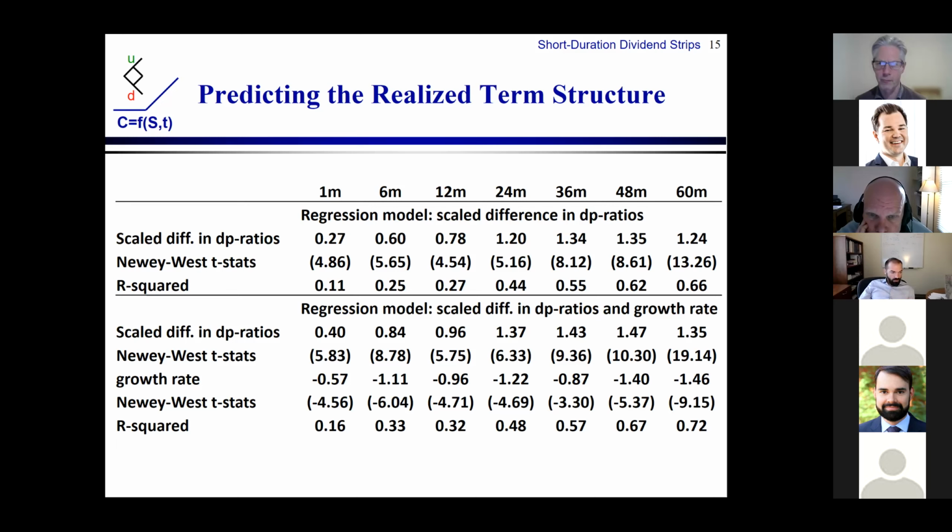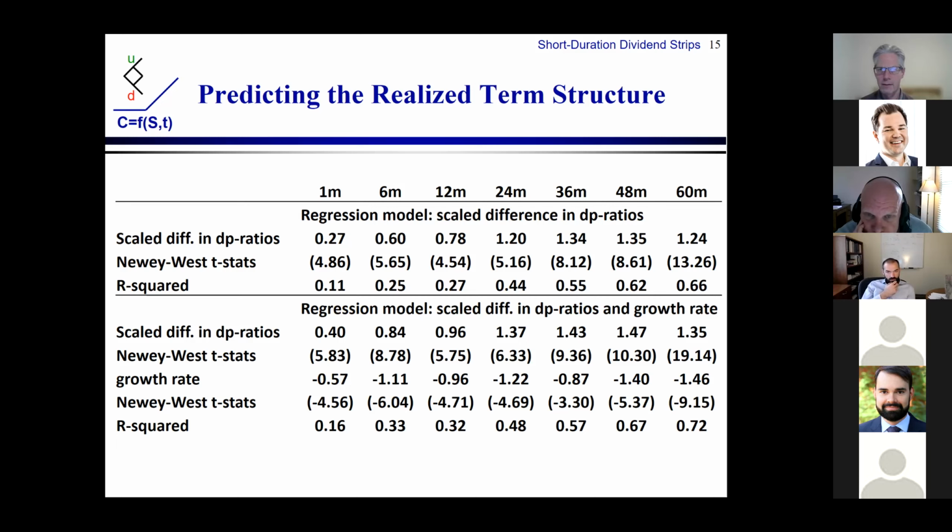We also did a version where we skipped that multiplier, and that looks very similar to what we are having here. And what we are seeing in terms of the R square is that there is an impressive performance of our little model, in that, in particular, at the longer horizons, at the holding periods of 60 months, we're getting a 2/3 predictability of the term structure.